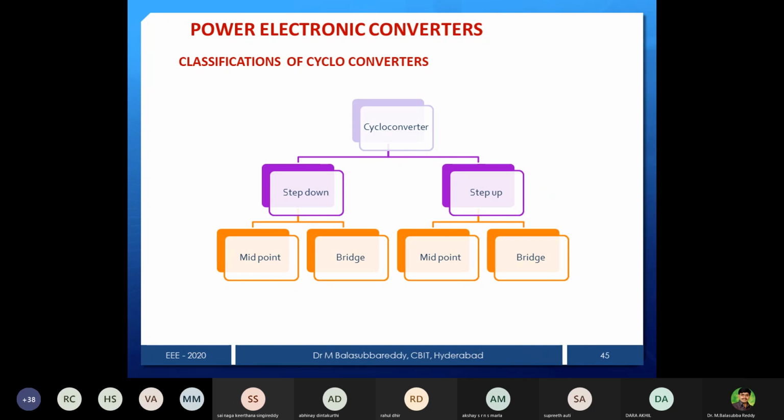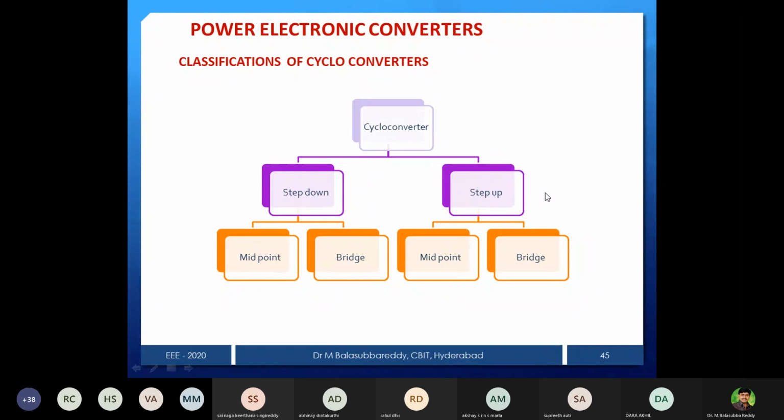In the case of rectifiers, for a midpoint fully controlled rectifier we require 2 thyristors, and for a bridge type fully controlled rectifier we require 4 thyristors. But we don't get more power or voltage; it gives the same output voltage only. The thing is, you can avoid the transformer. That is the only difference between the midpoint and bridge configuration. So these are the classifications.